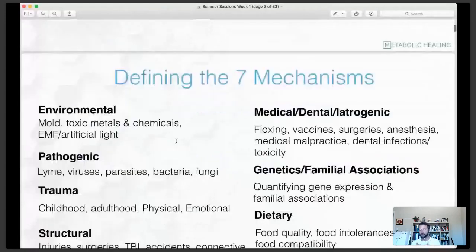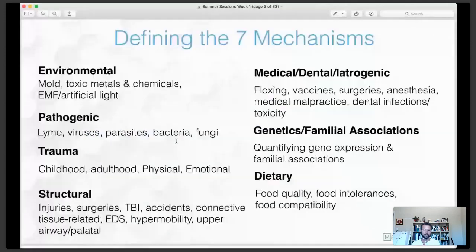Now I have to credit my good friend and colleague Sean Bean for helping to create many of these mechanisms. Many of these things you are probably looking at in your practice already, but this helps to really contextualize the whole process.